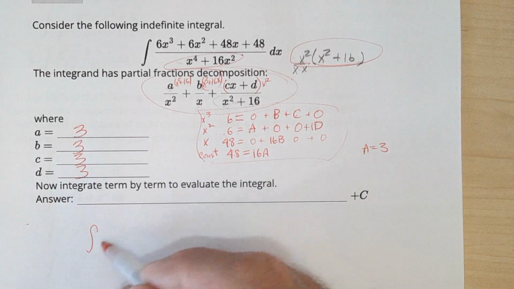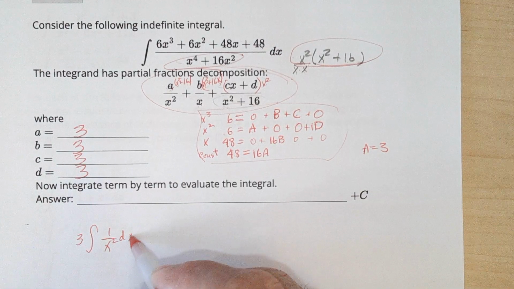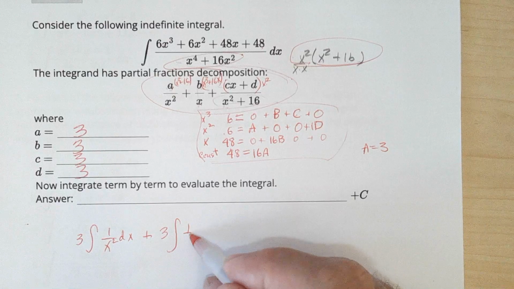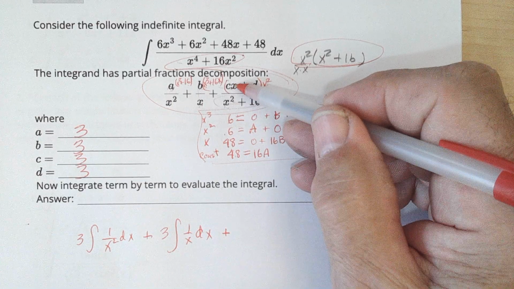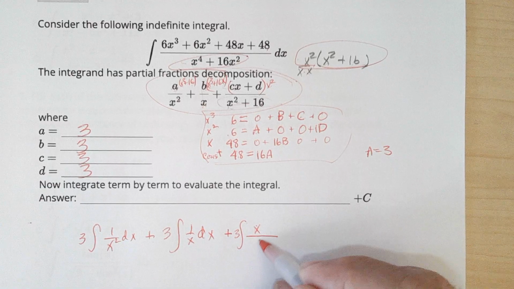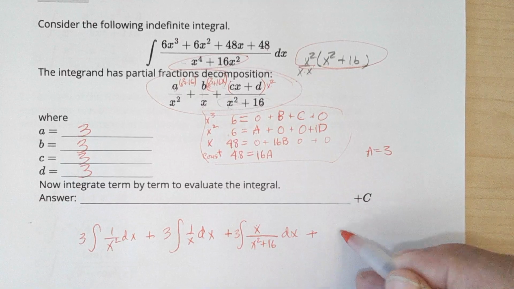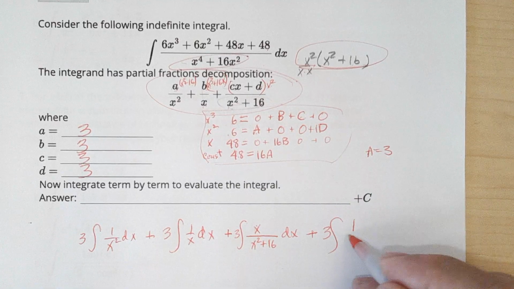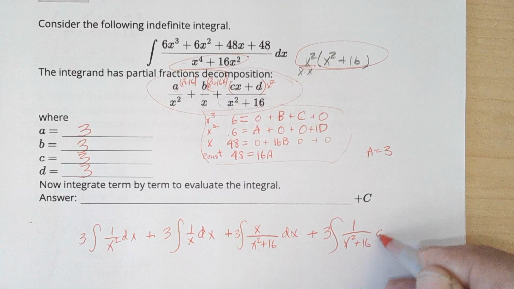So we have the integral of 3 times 1 over x squared, plus 3 integral of 1 over x plus, I'm going to split this up, 3x over x squared plus 16 plus 3 over x squared plus 16 dx.